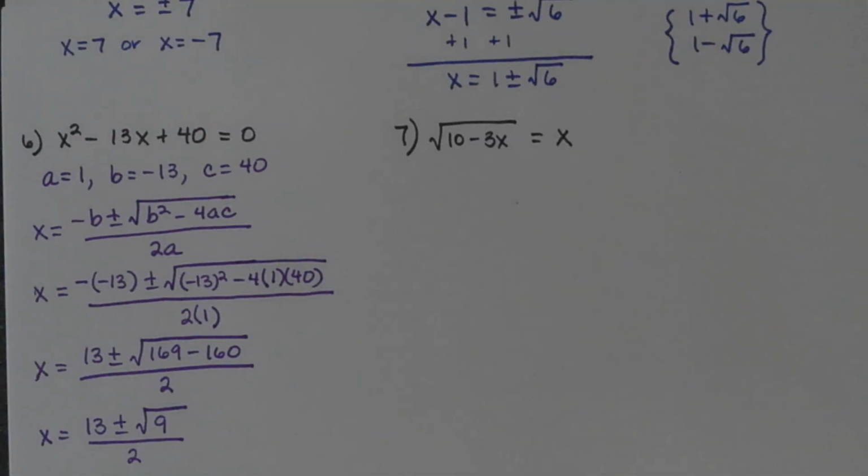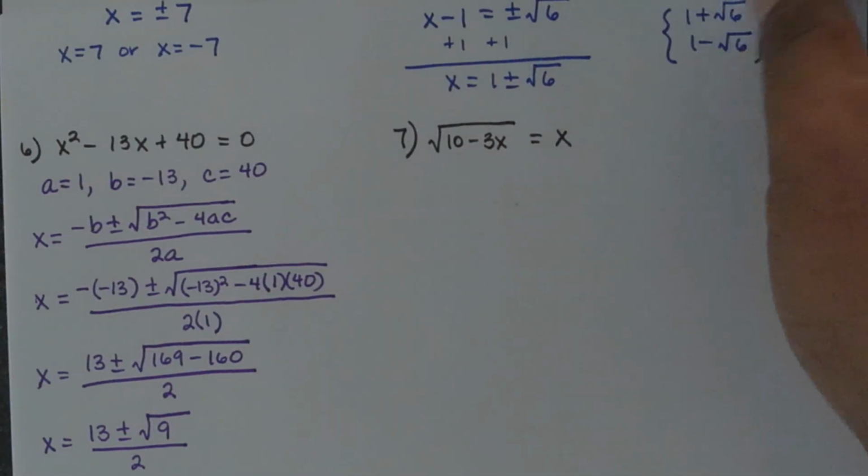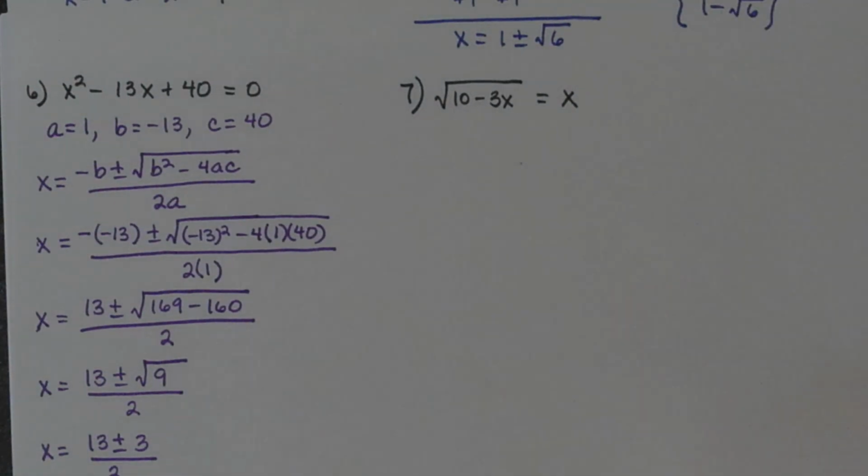All right, first of all, the square root is already by itself, so I don't have to worry about moving terms over to the opposite side. Now, what would be the opposite of taking the square root? Square.